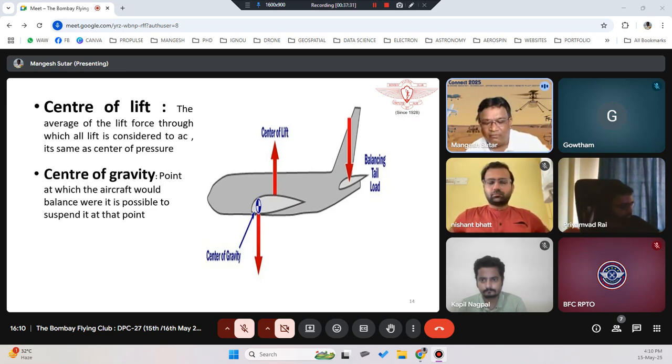Okay, there is one beautiful episode about an aircraft, a Boeing aircraft flying from UK to Sydney. It was flying over Indonesia, and all of a sudden, because of the volcanic ash, all four engines stopped working.